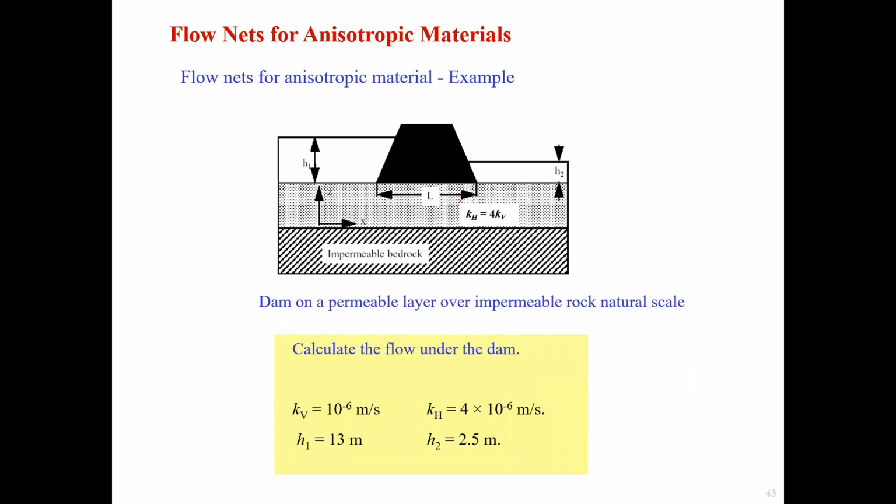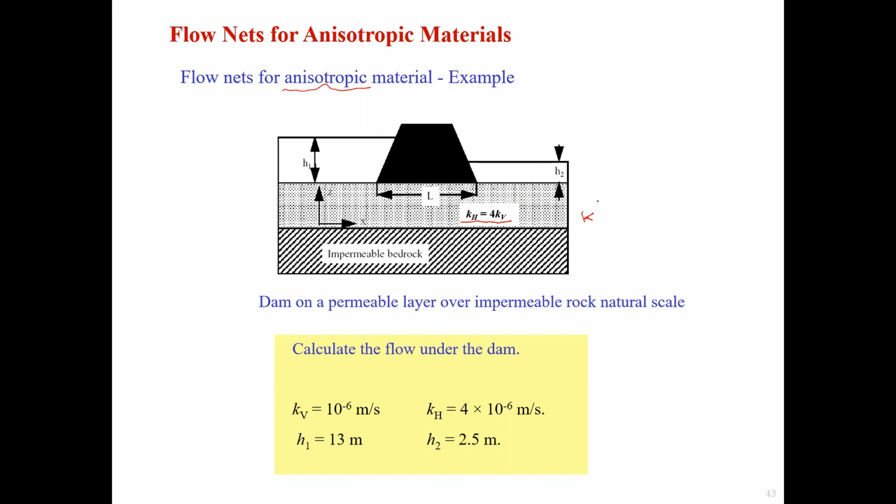So if we look at this example, the KH and KV are different. You see KH equals 4 KV. That's why we call it an anisotropic material. If you check the previous questions, only one permeability K is given.